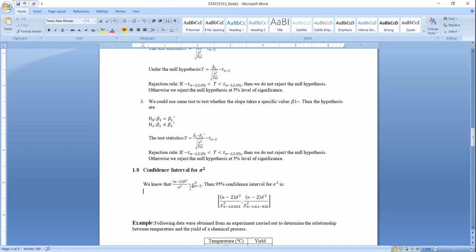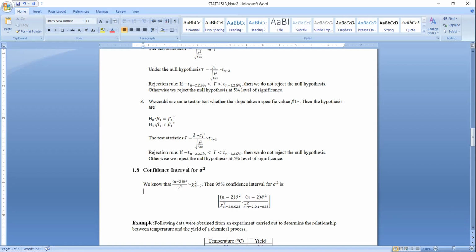So based on this chi-square distribution, we can construct a confidence interval for sigma squared as well. So this is the confidence interval for sigma squared based on the chi-square distribution. By substituting values, we can find a 95% confidence interval for population variance as well. So these are the equations for how to find the confidence intervals and how to undergo the hypothesis testing.